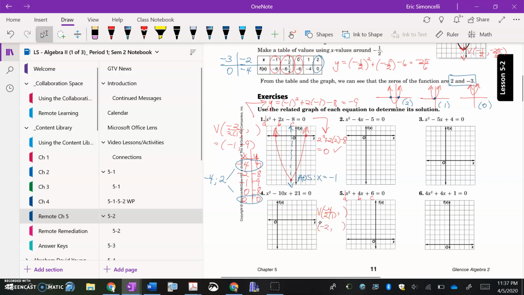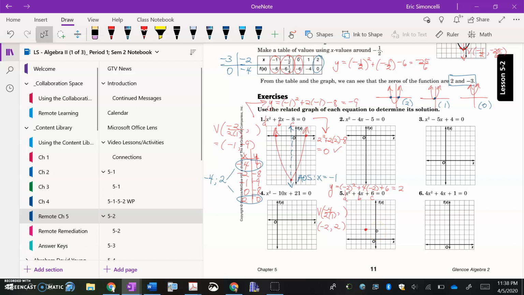Plugging in -2, that becomes -2 quantity squared, which is 4, plus 4 times -2, plus 6. That math, y equals, lends itself to 4, then -8, which is -4, plus 6, so +2. Okay, there's my vertex, -2, comma 2.